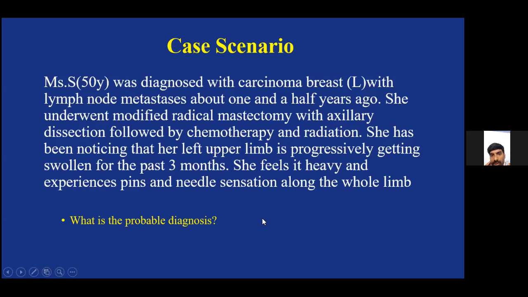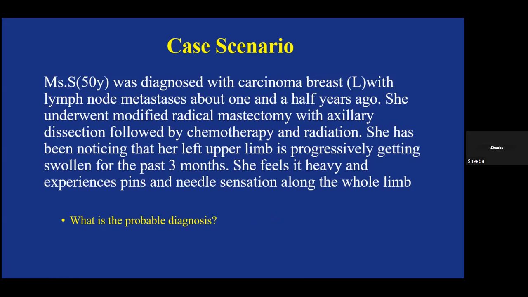Upper limb thrombosis could also be seen with breast cancer patients. Okay, any other opinions? Because of the modified radical mastectomy with axillary dissection, I said it was lymphedema. Yeah, so that's correct. Thank you.